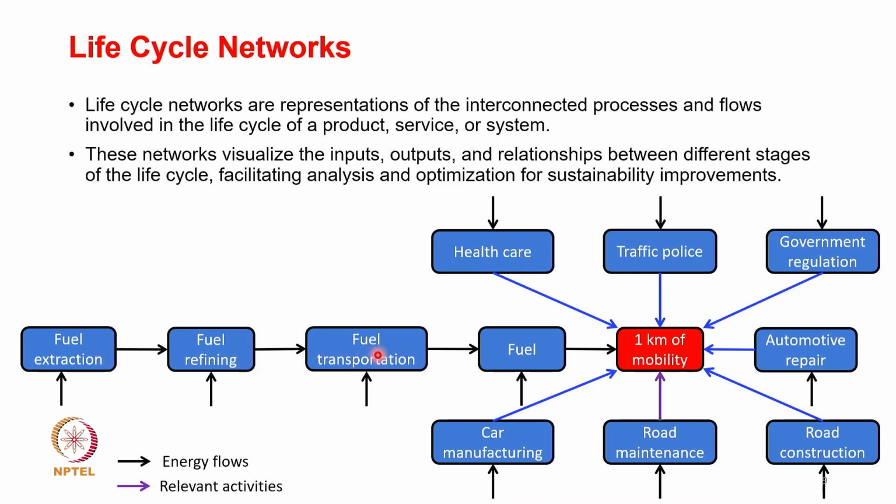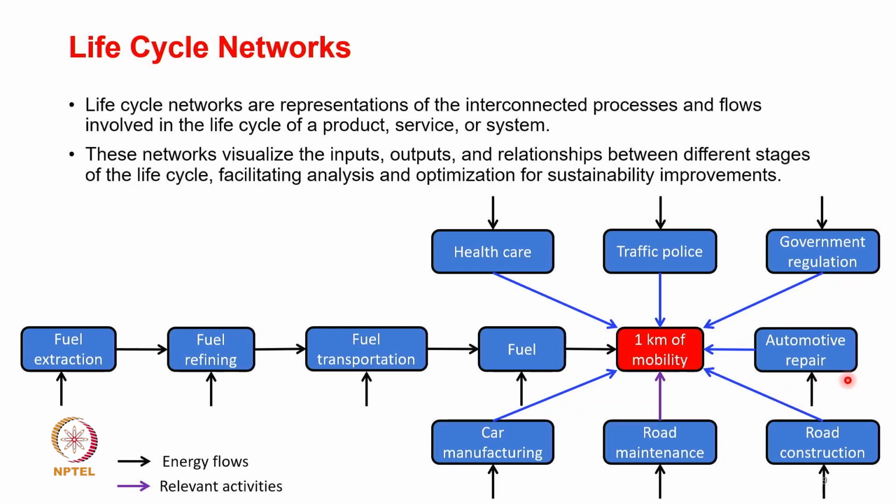So you see a chain of things happening. And for mobility, fuel is only one of the components. You will need a car. You have to talk about the manufacture of the car, and of course your travel would be smooth or not smooth depending upon the maintenance of the road. Again, how to construct the road, there are materials involved.